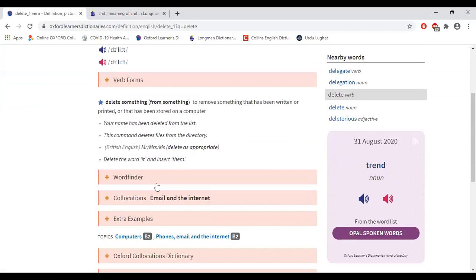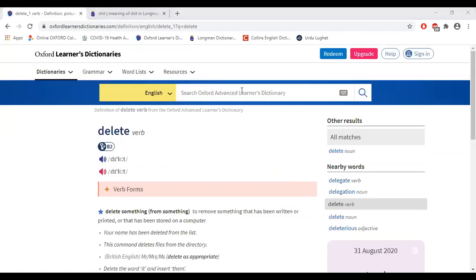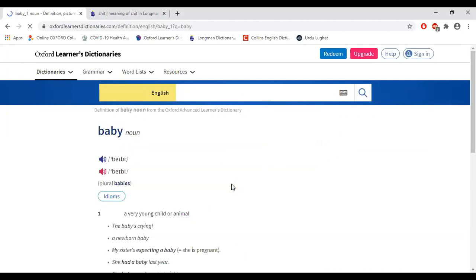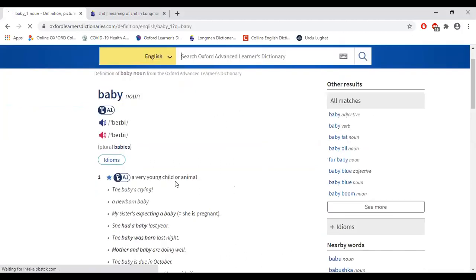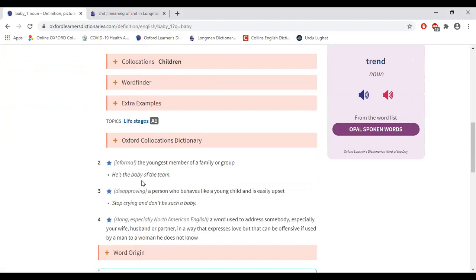you can see over here it's not mentioning anything here, but there is a word baby. baby को हम देख लेते हैं। There is a word baby. Baby has one meaning, which is very simple. Everyone knows. Second meaning, informal. The youngest member of a family or group. हमने कहा ये informal है इस मामले में। Third meaning is disapproving, यानी कि it is better not to use this one.